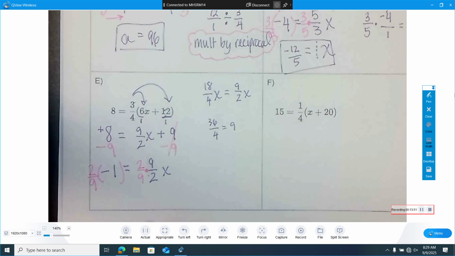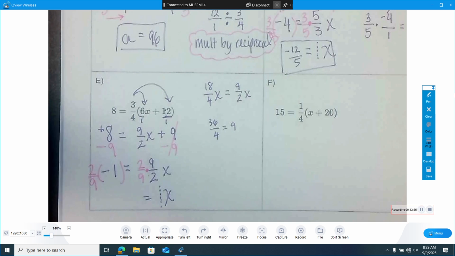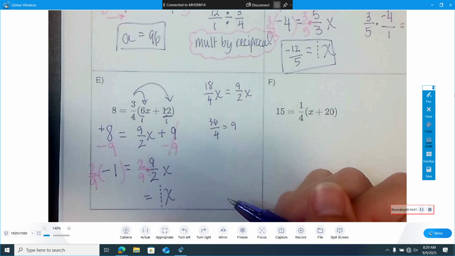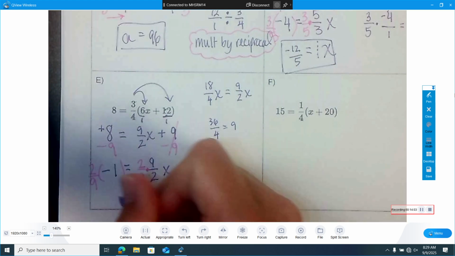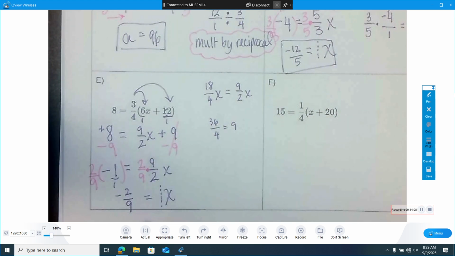What is 18 over 18? 1x. And what is 2/9 times -1? -2/9. Very good. Again, you can think about this as 1 over 1. So we'd get just -2/9.